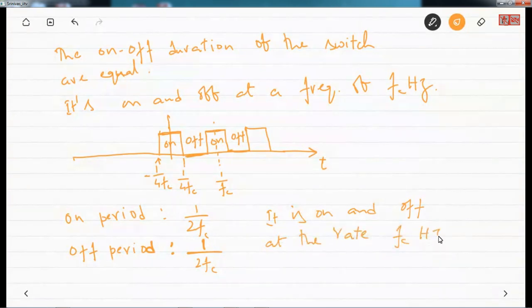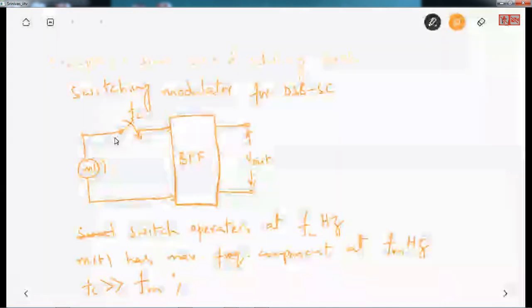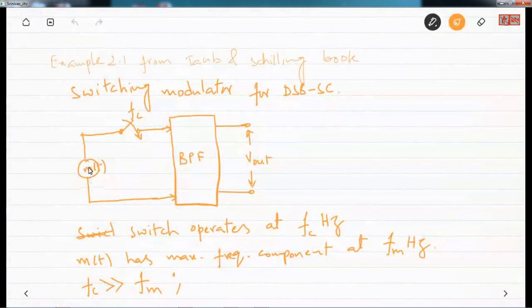Right. So essentially the problem is saying that we have such a switch, and then there is a message signal m(t) applied to that. So m(t) will pass for some time and be paused, or effectively this is equivalent to multiplying m(t) with some signal waveform.